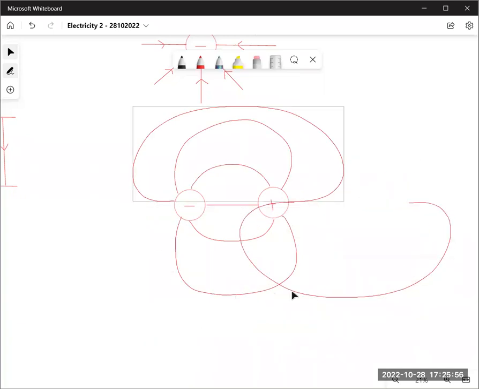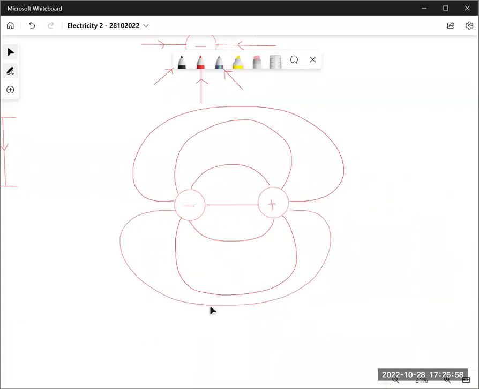Sir, should we draw this? Yes, you have to. The field line patterns are positive to negative.